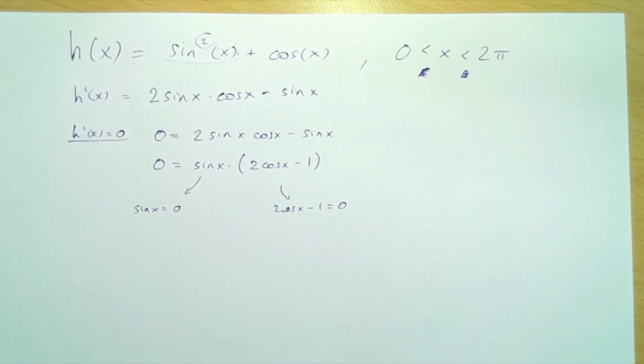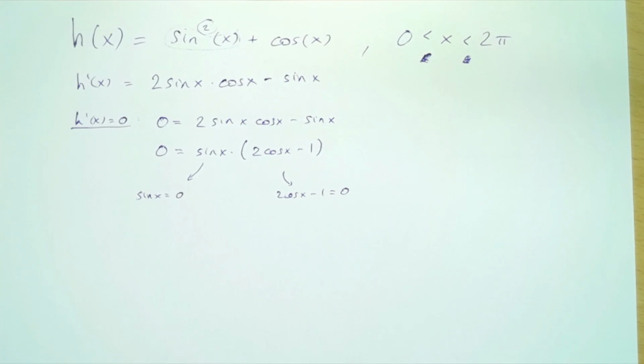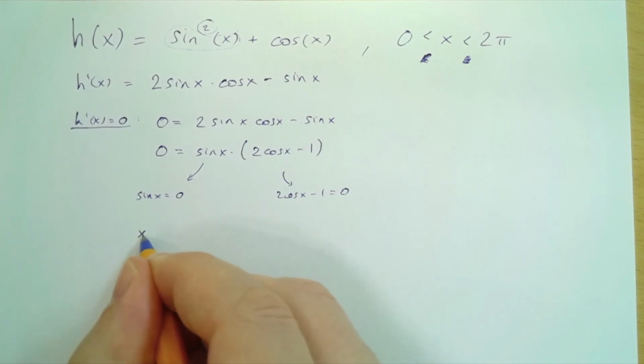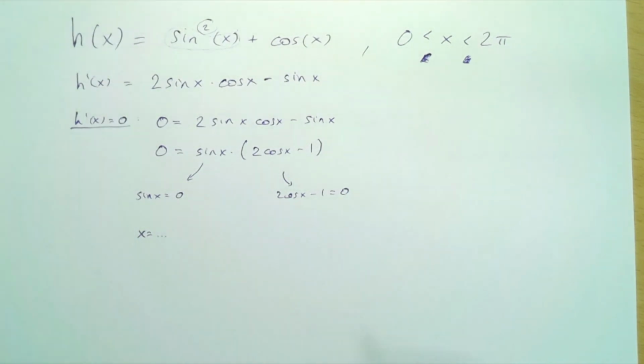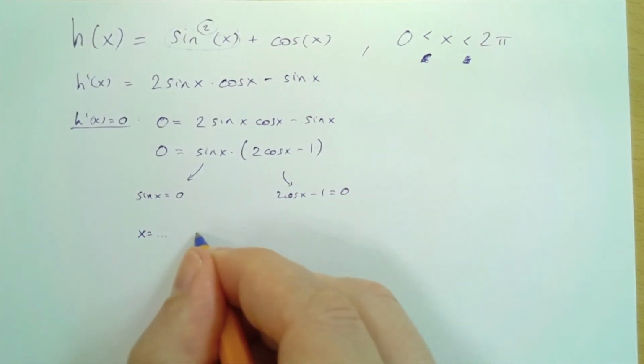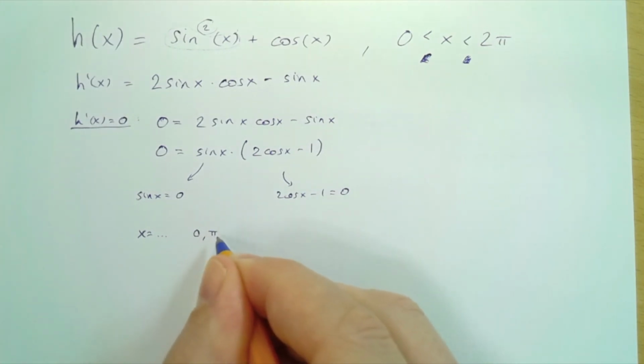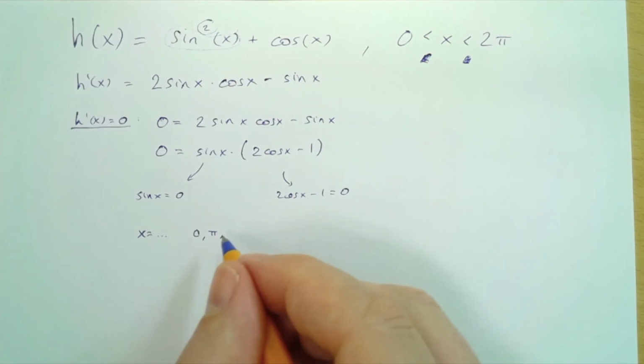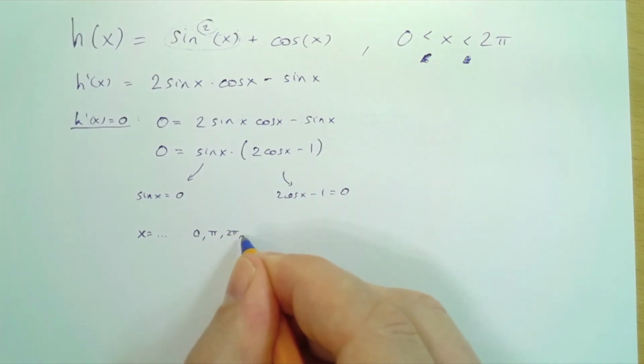When is sine x equal to 0? There's infinitely many solutions, but not in the interval that we're given. The solutions in general are x equals, the easiest one is x equals 0, then x equals pi, then x equals 2 pi, and so on.